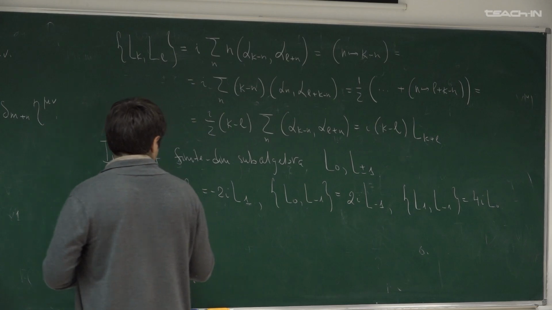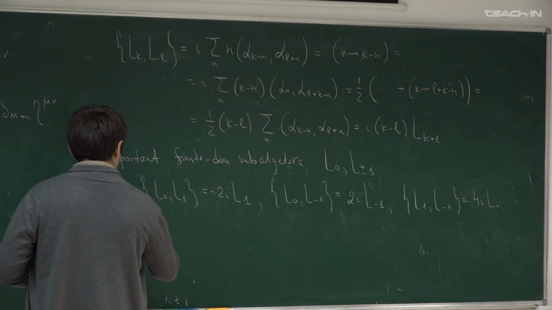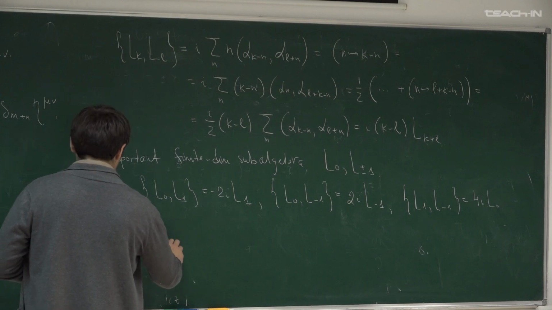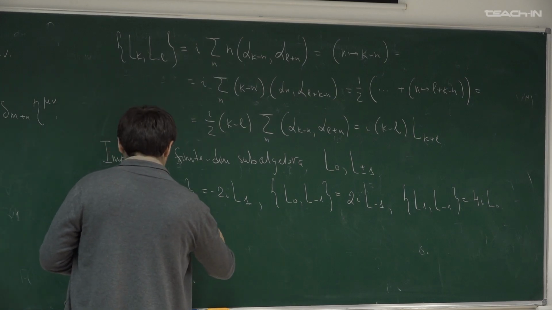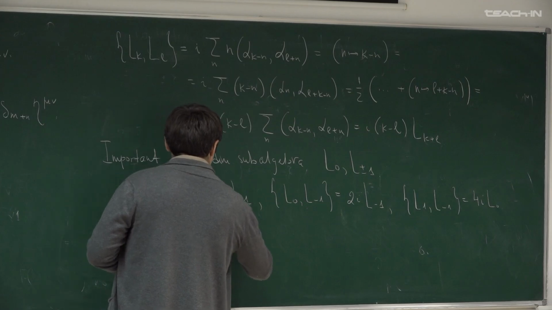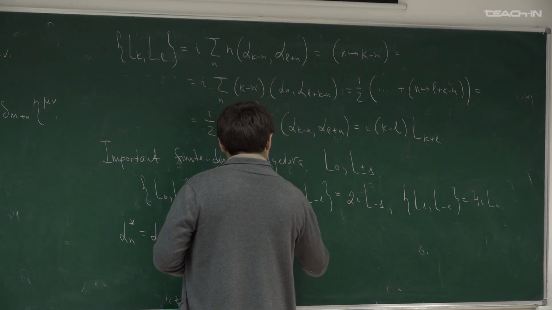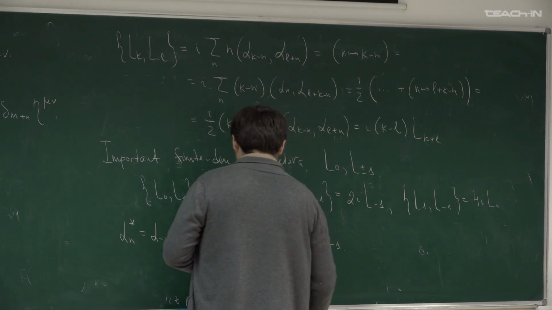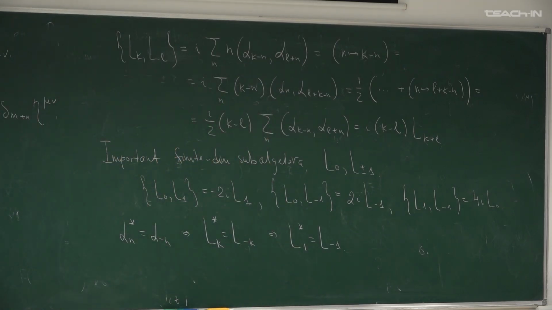And then we also recall the reality properties of the oscillators. So the reality properties were that alpha_n star is alpha_{minus n}. So that means that L_k star is L_{minus k}. So L1 star is L minus 1. So this defines a real form of the SL2.